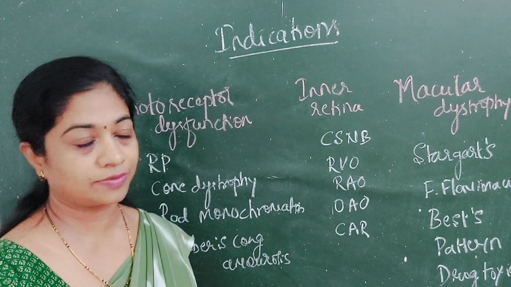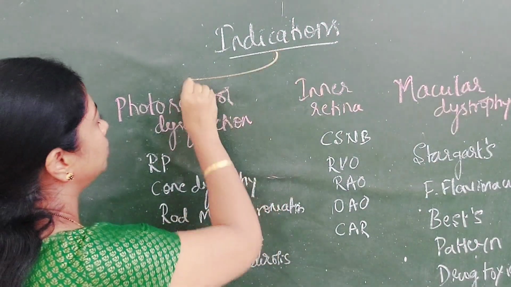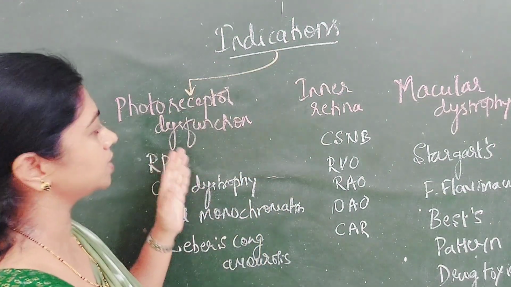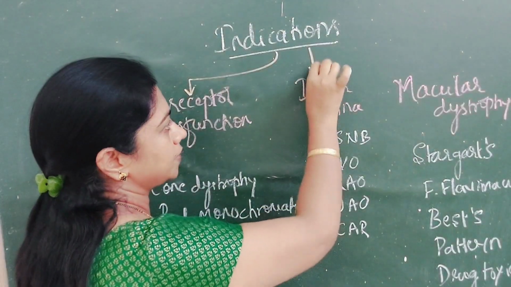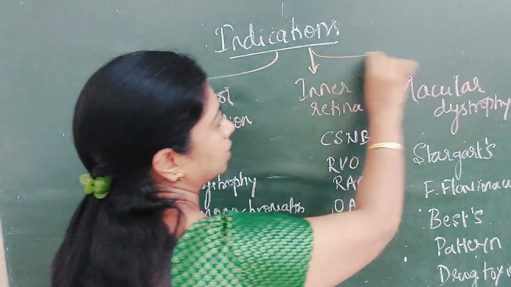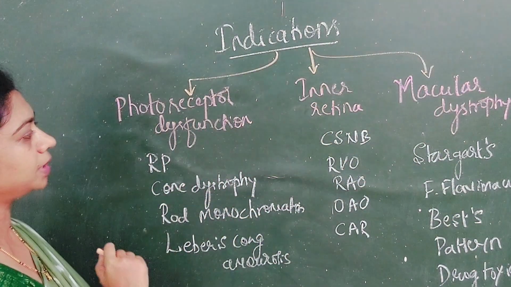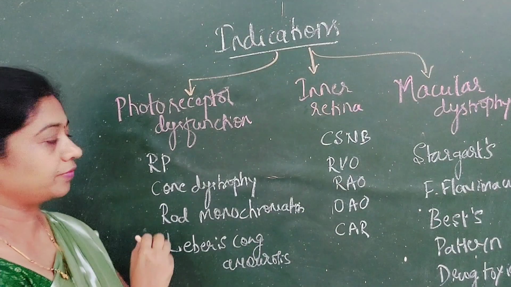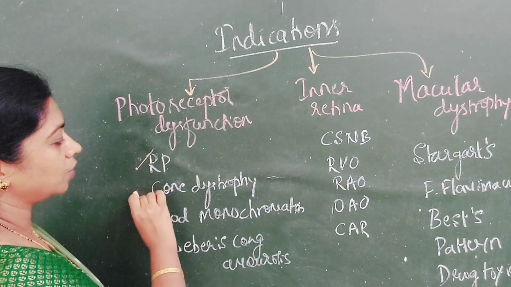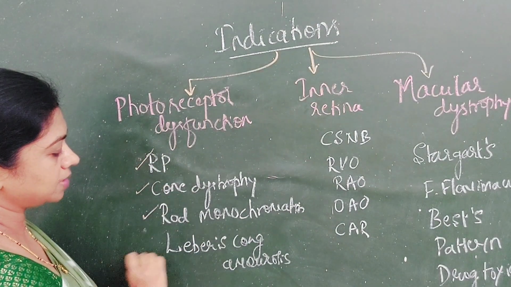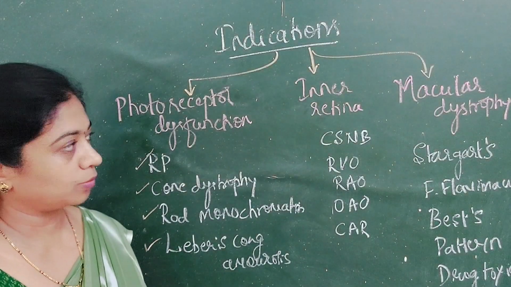Moving on to the indications of ERG, it can be divided into those which are associated with the photoreceptor dysfunction, those which involve the inner layer of the retina, and those conditions which involve the macula leading to macular dystrophy. For photoreceptor dysfunction, ERG can be done for retinitis pigmentosa cases, cone dystrophies, rod monochromatism, as well as Leber's congenital amaurosis.